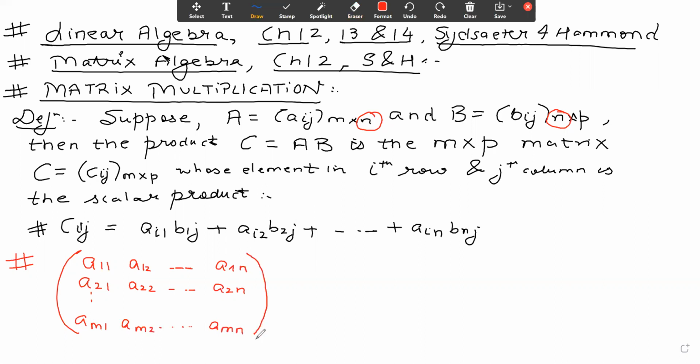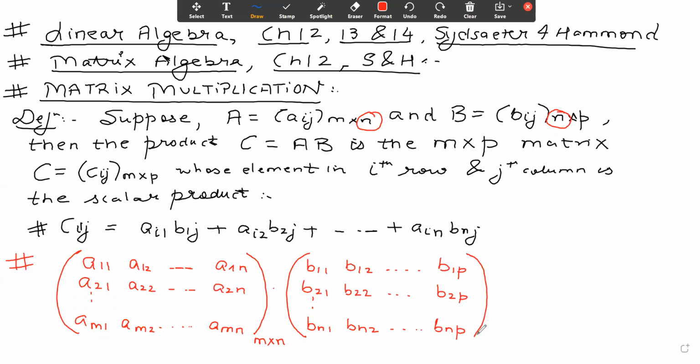You can clearly see this is an M cross N matrix, and we are multiplying it by Bij, which is N cross P. That means B11, B12, and B1P, B21, B22, then we have B2P, and I can extend it to BN1, BN2, and BNP. You can clearly see this is the N cross P matrix.